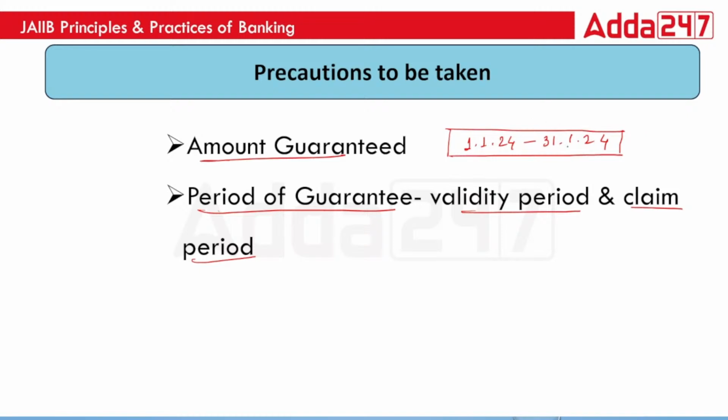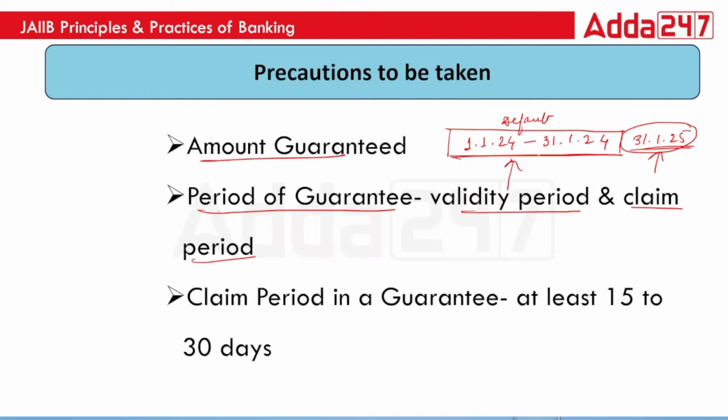The default should be within this period, and the customer can claim maybe 15 days after this or till maybe say 31st January 2025, but not beyond that. Claim can be done maximum till 31st January 2025. So this is called claim period and this is called validity period.